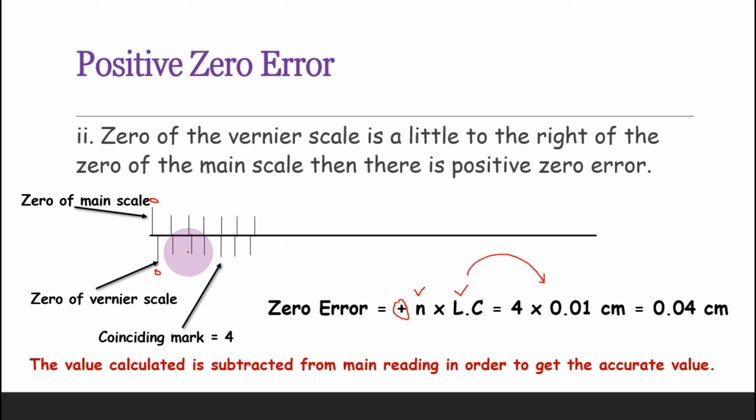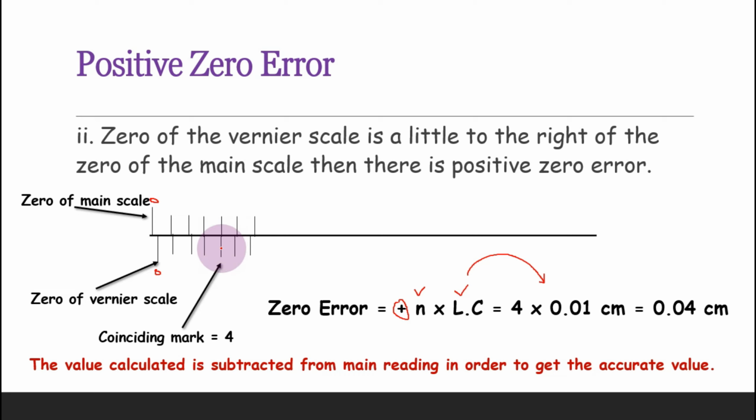You are going to watch here on the vernier scale. This is the vernier scale or the sliding scale. You are going to see which mark or which number of the vernier scale exactly coincides with any mark on the main scale. So look, this 0 is not coinciding with any mark, 1 is not coinciding, 2 is not coinciding, 3 is not coinciding, 4 is nearly coinciding as compared to other marks.